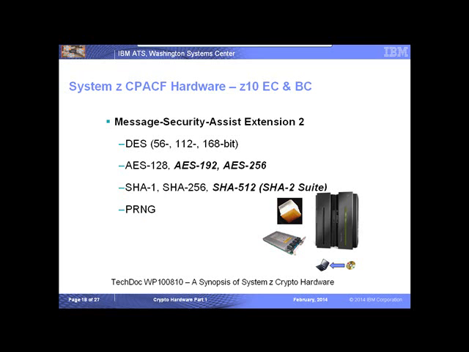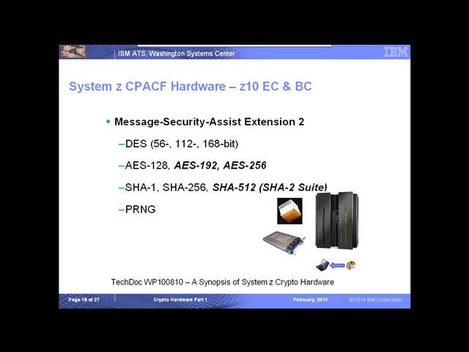On slide 18, that's MSA2, which is available with the first generation of the Z10 processor. Again, we extended the KM and the KMC instruction to perform AES 192 and AES 256, as well as DES and AES 128.